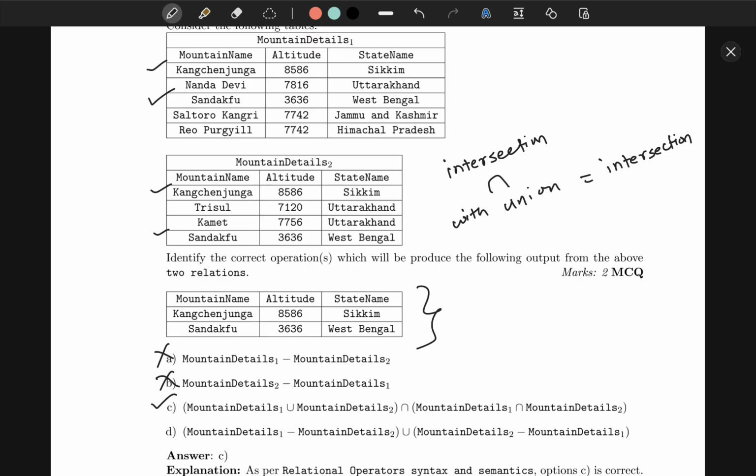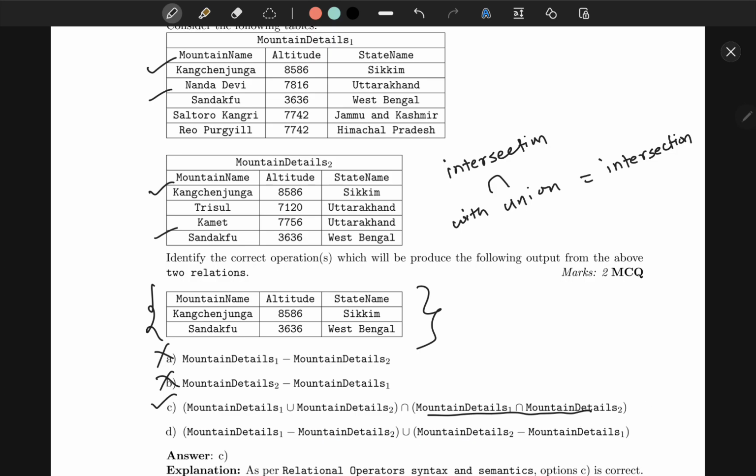So let's quickly find out the intersection of S1 and S2. You can see the intersection is Kanchenjunga and Sandakphu, and here again Kanchenjunga and Sandakphu. Other than that, I cannot see anything in the intersection, and you can see it in the result. Now the intersection is not the only operation in the option.